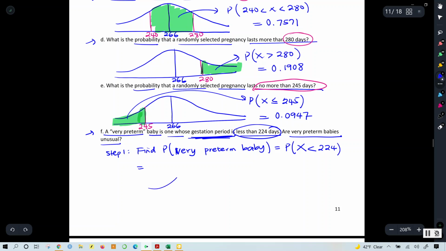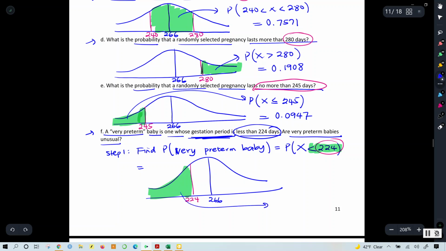Looking at the distribution, you have 266. I will locate 224, and I want the region lesser than the value.